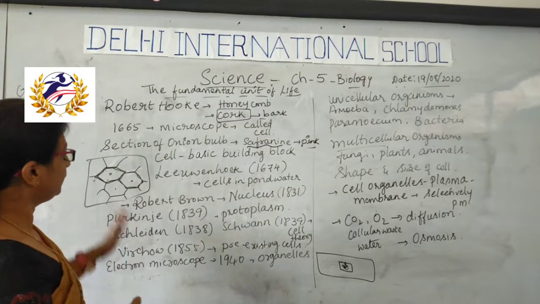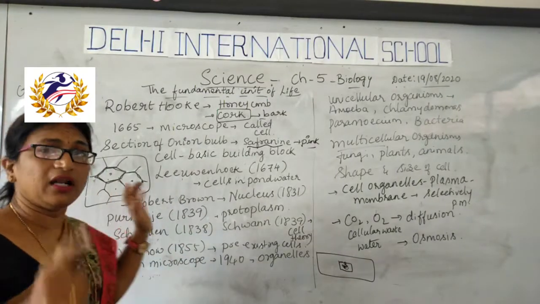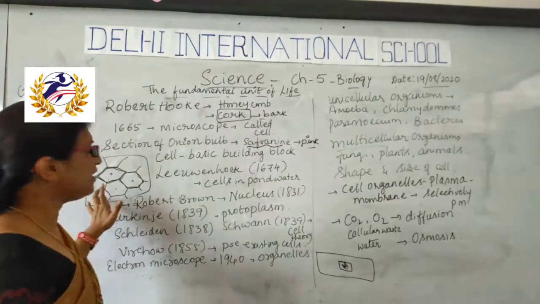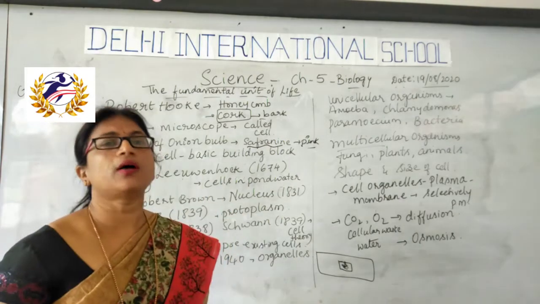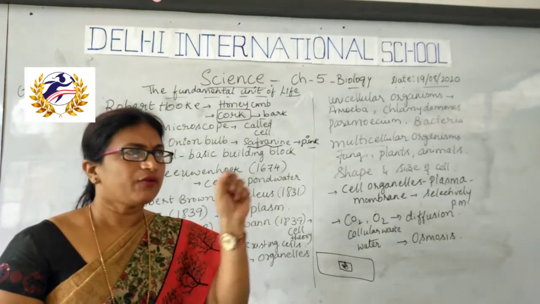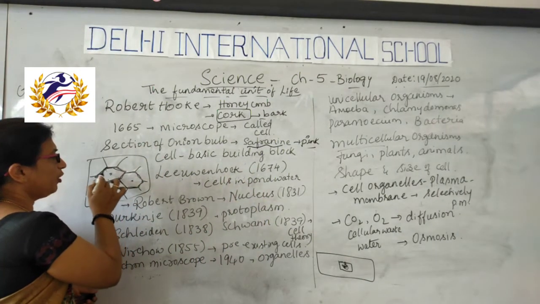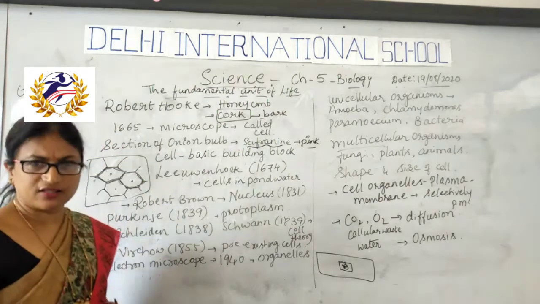Then they found out that these are the basic fundamental unit of life, from which the whole organism is formed. It is like a brick of a building. When the bricks are arranged in a proper manner, we can construct a building.